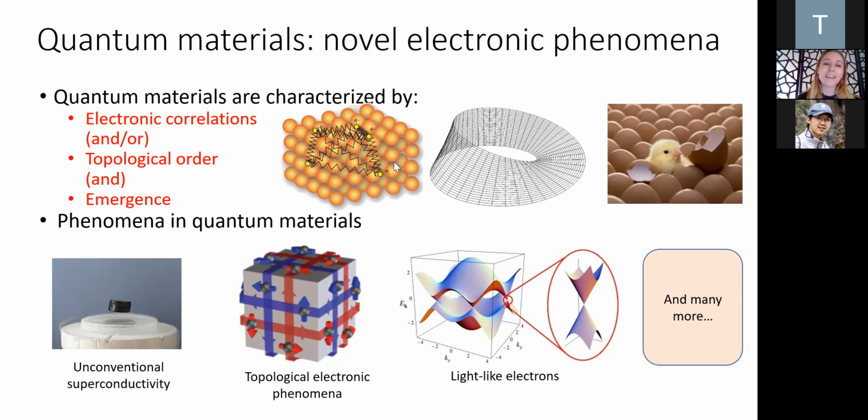And in a lot of solid state physics from the 20th century, these correlations are ignored. So the solid state physics that we use, for example, to understand the silicon in all our devices, mostly ignores correlations between electrons. But in quantum materials, these interactions cannot be ignored.